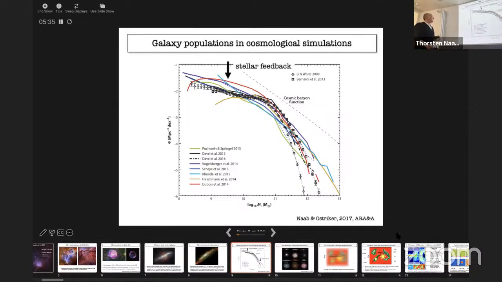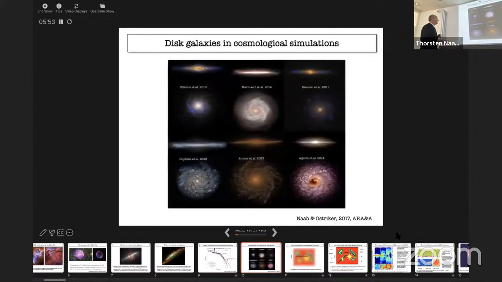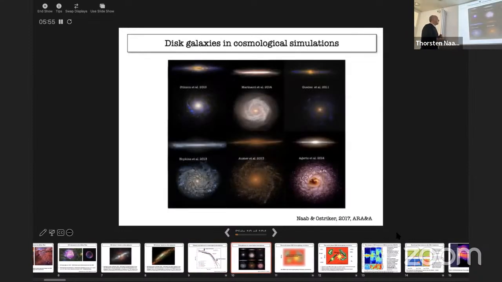Qualitatively, if you put in something like stellar feedback, so you drive gas out of galaxies during their evolution, you reproduce these galaxies, and if you do AGN feedback, you reproduce the massive galaxies. This is well known. It's a qualitative result and has resulted in early successes. So this is kind of the context. These outflows are very important to get the morphological mix of galaxies we have, possibly.